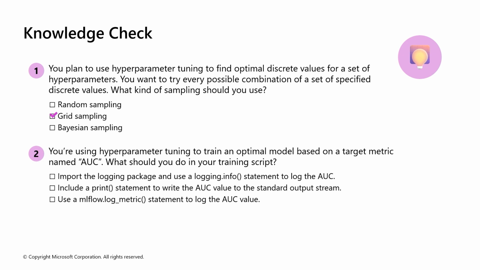Question 2. You're using hyperparameter tuning to train an optimal model based on target metrics named AUC. What should you do in your training script? Answer: use a MLflow log metric statement to log the AUC.